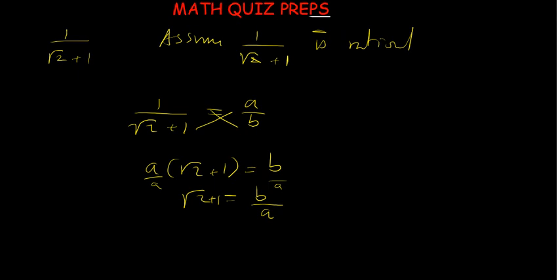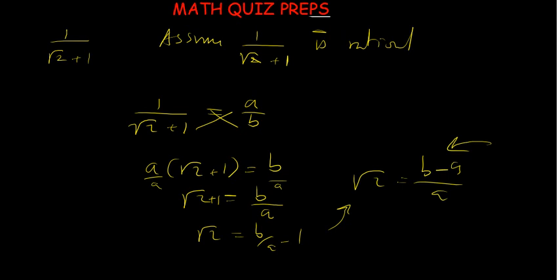That will be root 2 is equal to b over a minus 1. And this is giving us root 2 is equal to b minus a over a, which is the same thing. If you are subtracting two integers, the answer is always an integer. And an integer over an integer is a rational number. And that can't be equal to an irrational number, which is here.